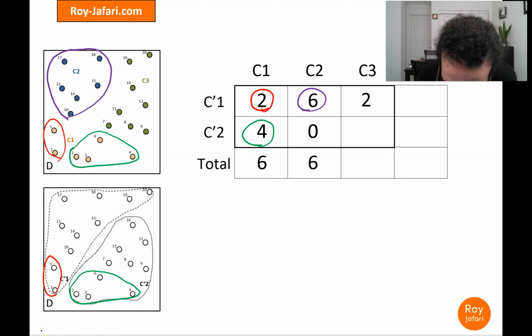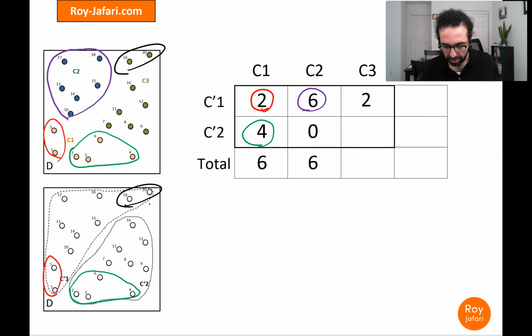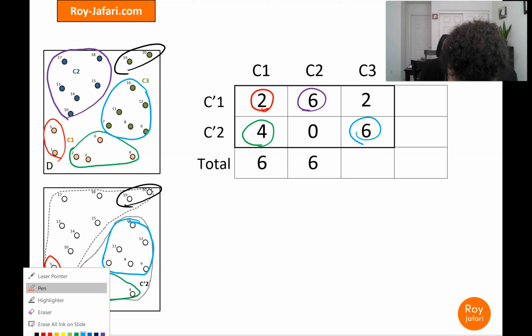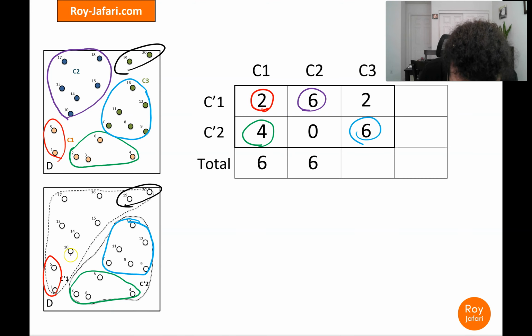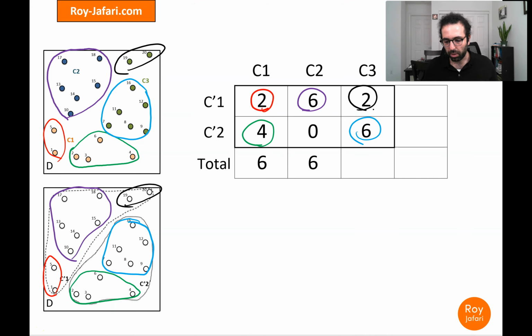We've got C'1, 2, and under C3, which is these two, right? So these are those two. And finally, we've got another 6, which are these guys. I need to complete these colorings, sorry. Alright, so now we have completed this.